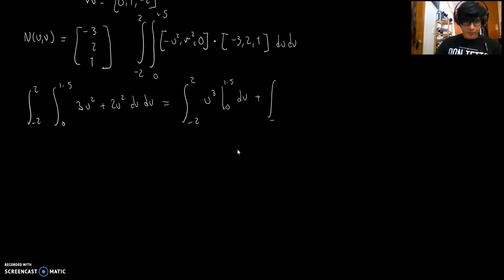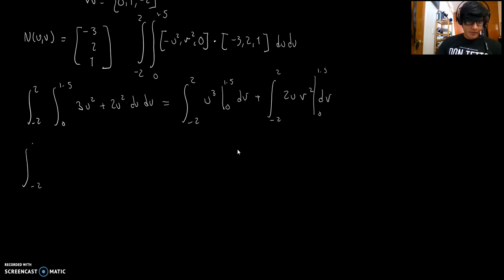plus the integral from minus 2 to 2 of 2uv squared dv from, so here 0, 1.5, there it is.